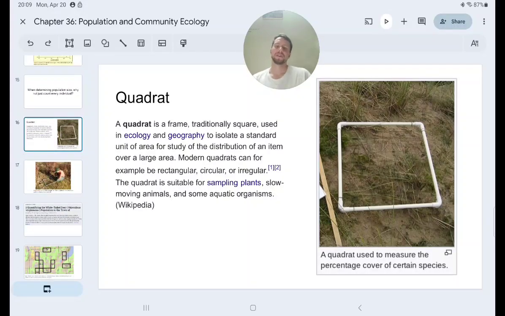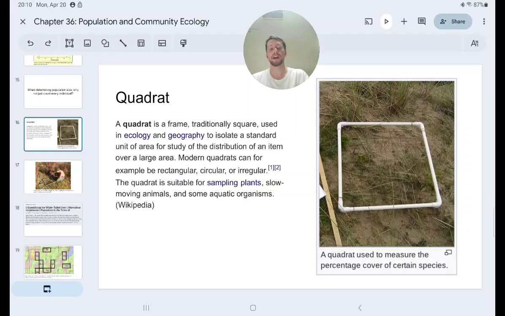So instead, one way to do this is to use a quadrat, where you basically take areas of the population as a sample and say, okay, how many individuals do I see in this little area?